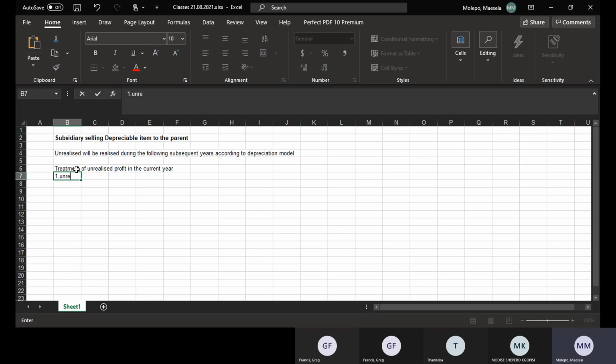So unrealized profit will affect the face value of SFP, SFP meaning statement of financial position, on the cost of an asset, which in this case you're gonna have to deduct.